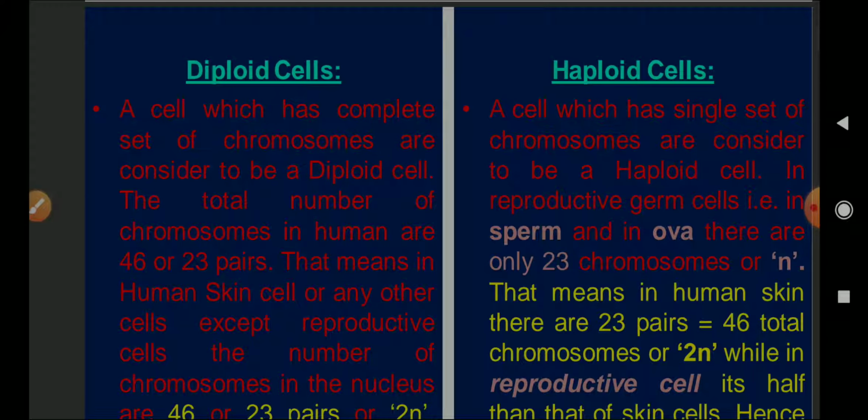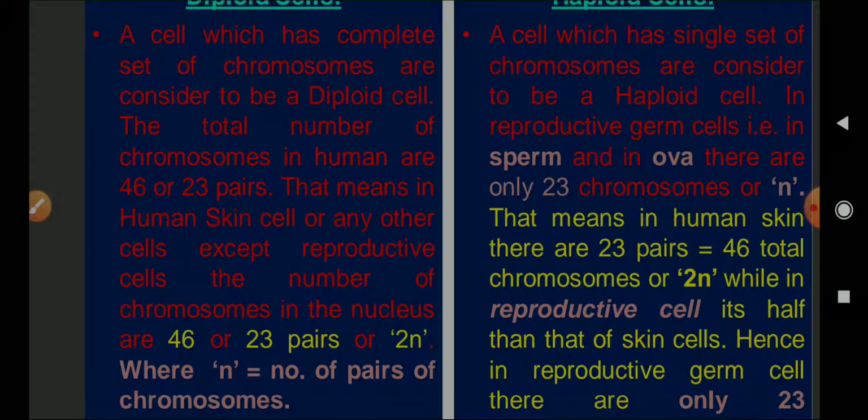Here, a cell which has a single set of chromosomes is considered to be a haploid cell. In the reproductive germ cells, that is in sperm and ova, there are only 23 chromosomes, that is n. That means in the human skin there are 23 pairs, equal to 46 total chromosomes, equal to 2n, while in the reproductive cell it's half that of a skin cell.